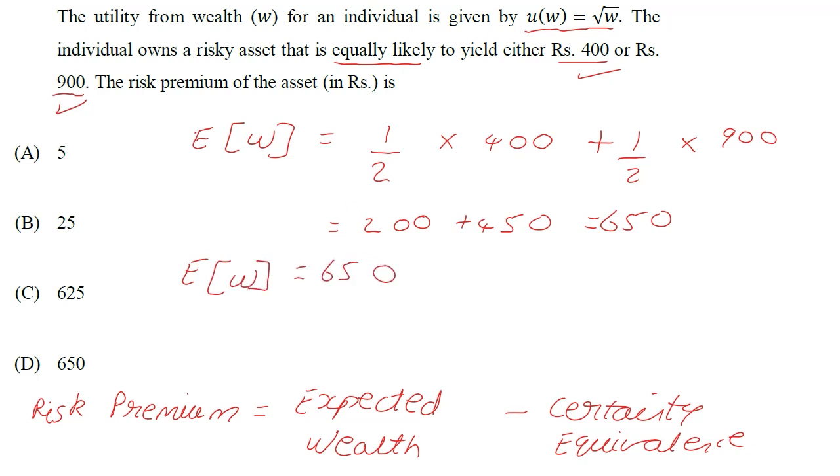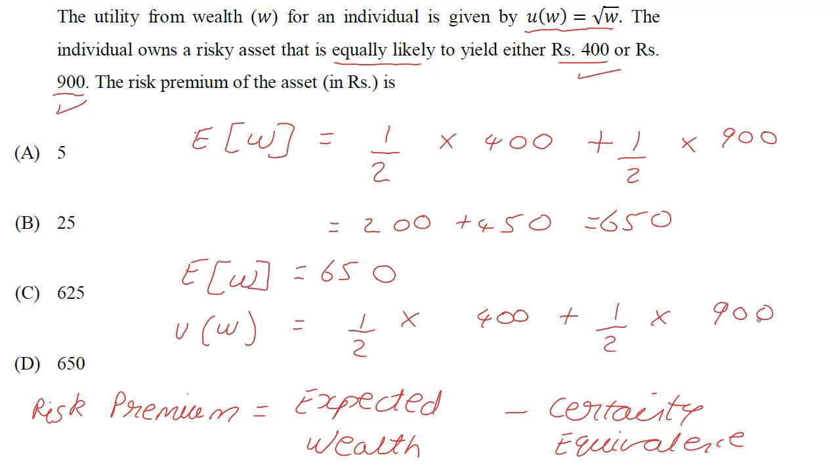The next thing we need to calculate is the utility of wealth. The utility of wealth is subject to the same calculation that we have done over here. There is a 50% chance that you will end up with 400, and a 50% chance you will end up with 900.